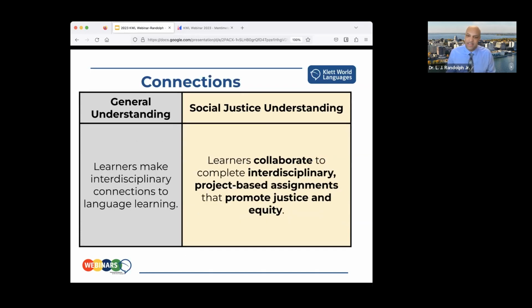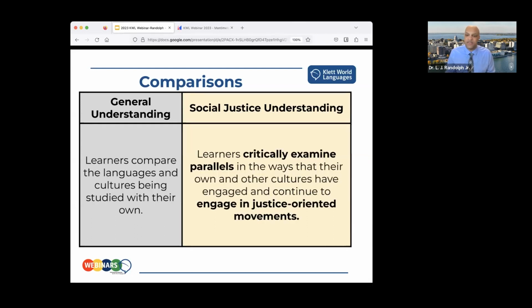When I think about connections, it's more than just interdisciplinary learning. We're thinking about collaboration, about project-based assignments, and about how we can do all of that from a justice and equity-oriented lens. When I think about comparisons, I'm moving away from the Venn diagrams.